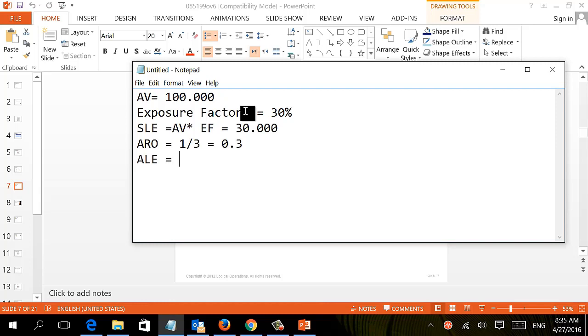According to that, what is my annual loss expectancy from the fire? It should be SLE multiplied by ARO. So it should be 30,000 multiplied by 0.3.